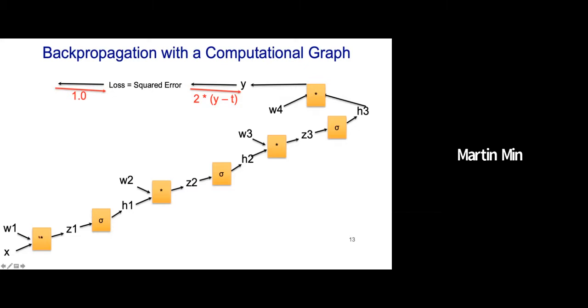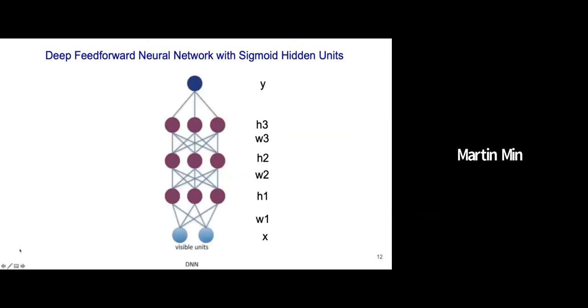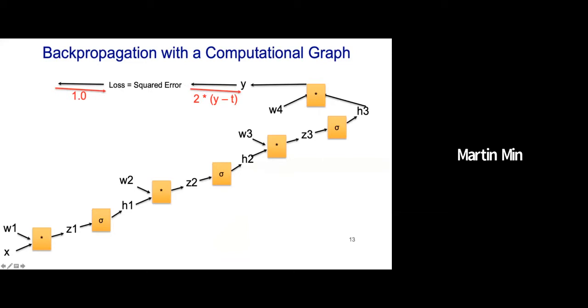Finally, the gradients for all the variables, all the weights and units, will be computed by following this computational graph. You can do that as an exercise, just looking at this lecture slide.